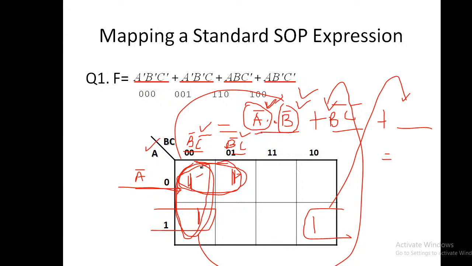So you will be having no common thing: A bar and A, there is no common thing. Okay. And if you consider this way, this one and this one, these two ones are residing in the same row. And what is the common variable for the vertical part? This is B C bar and here B bar C bar. So C bar is the thing.